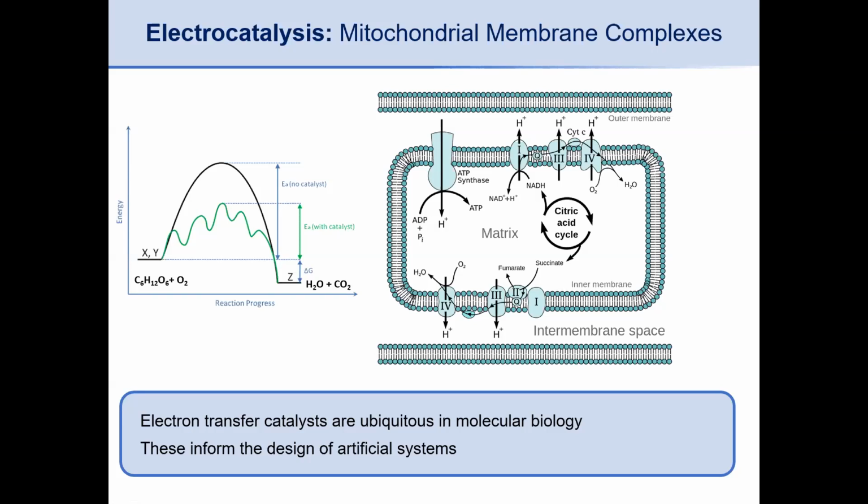Furthermore, these complexes inform the design of synthetic mimics because they do very difficult electron and proton transfer processes that we would like to do on an industrial scale for whatever reason.